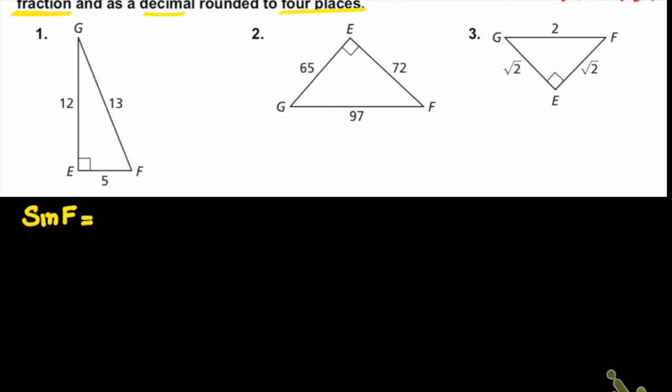For sine F, F is here, and for sine I know that is SOH, opposite over hypotenuse. So I write down the opposite side here. The opposite side is this one, 12, over the hypotenuse, 13.